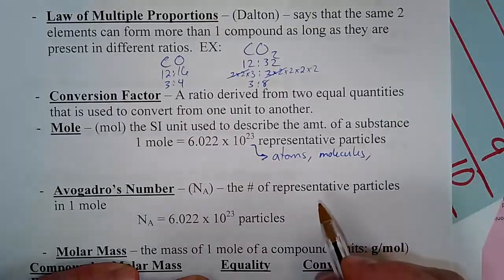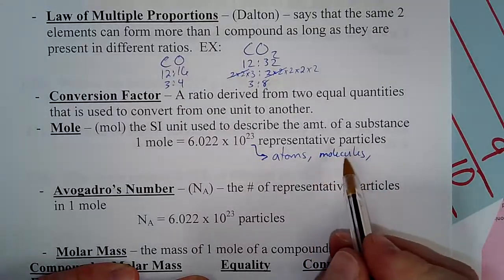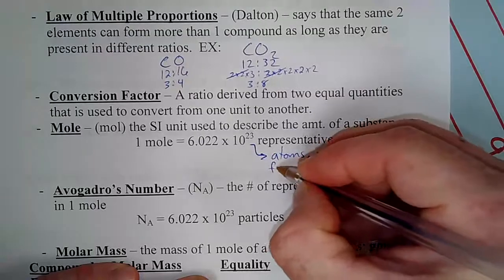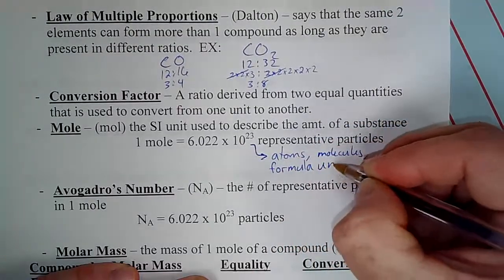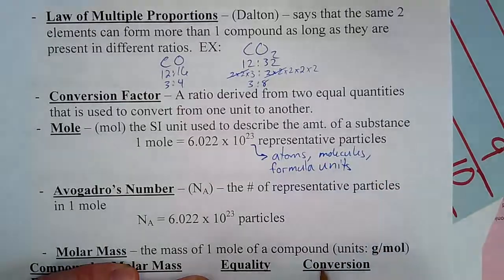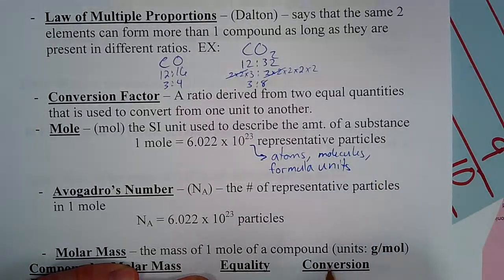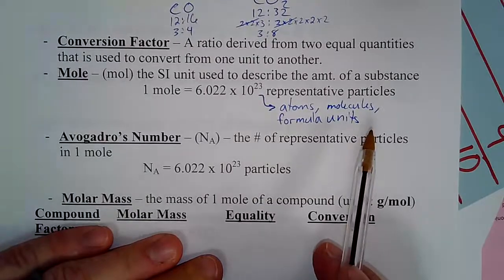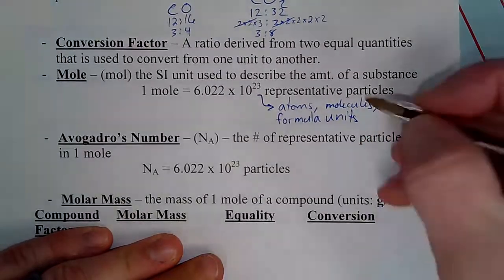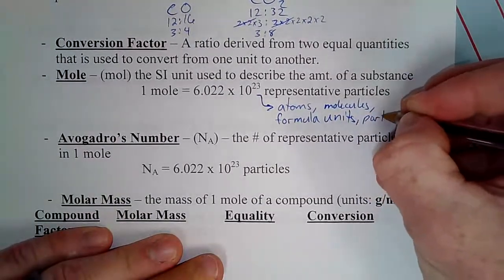If it's an ionic compound, we don't say molecules, we say formula units. There's other stuff, and there's one or two more things we could list there. You actually could say particles.